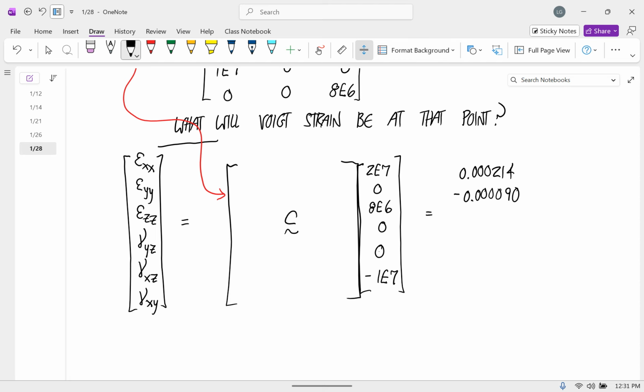The z direction normal strain is 0.4032. And then you have 0, and then 0, and then negative 0.30304.